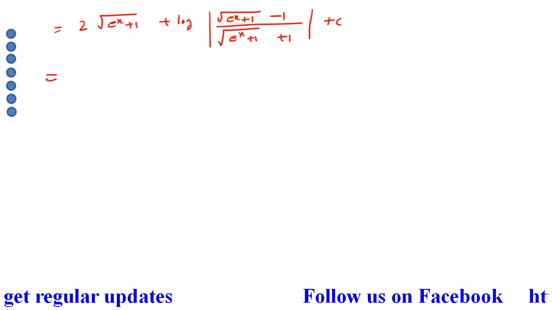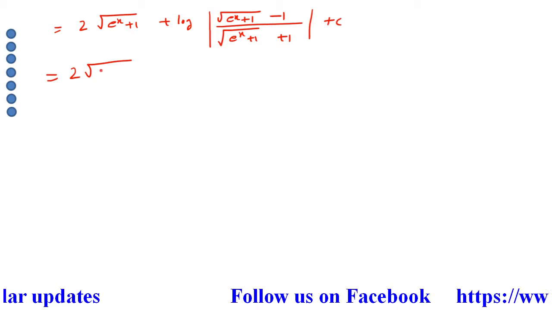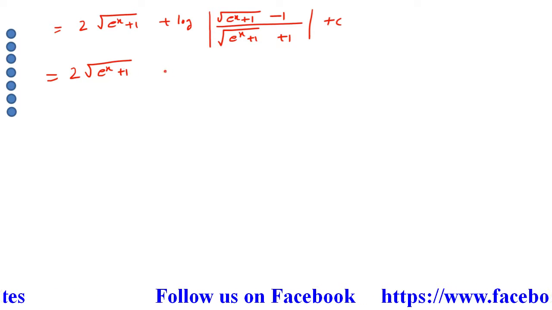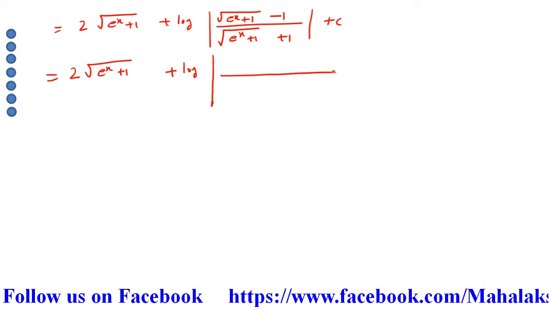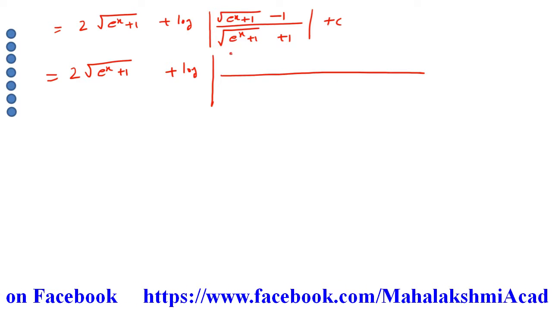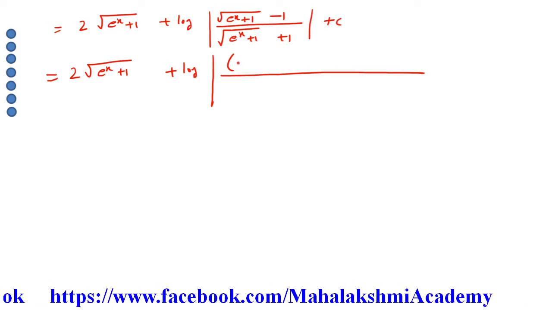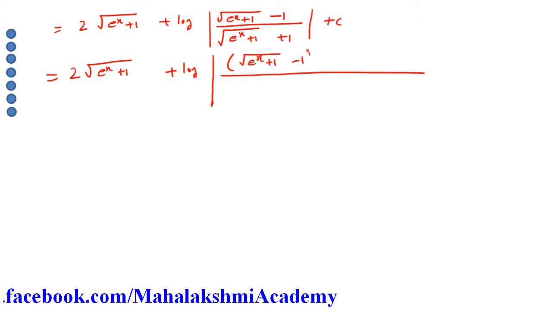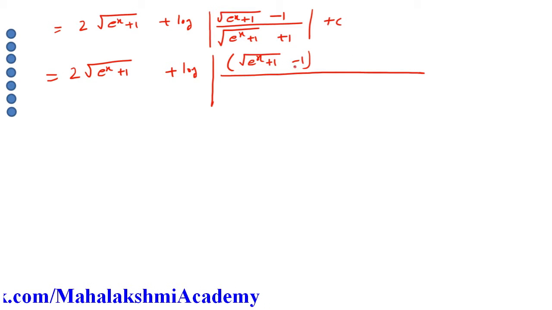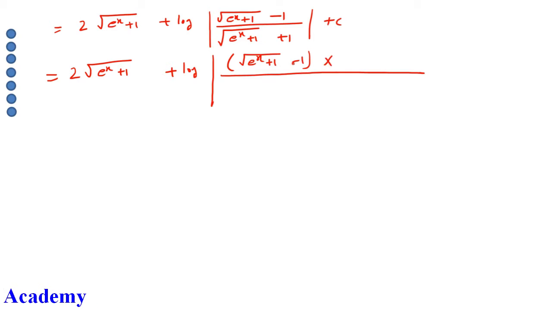So when we rationalize this term, we are going to write down as it is, no change in this, plus log. First I am going to use a bracket here, that is square root of e to the power x plus 1, minus 1, together. And since I am going to rationalize the numerator, whatever sign we have in the middle, the opposite of that we have to multiply.